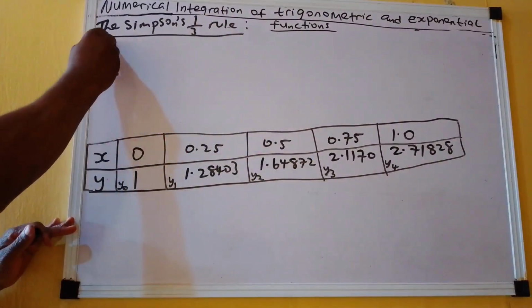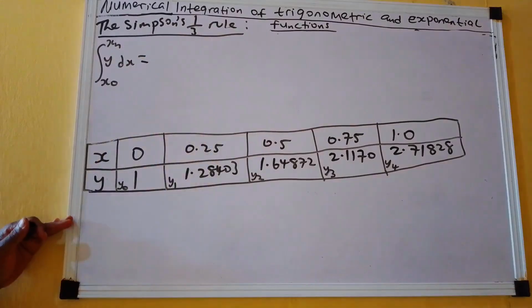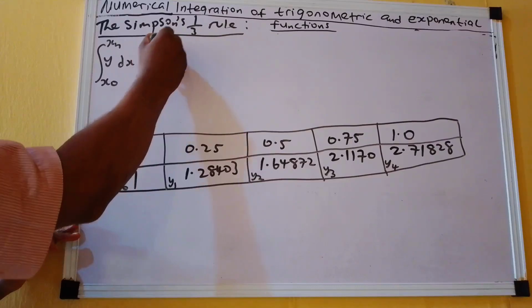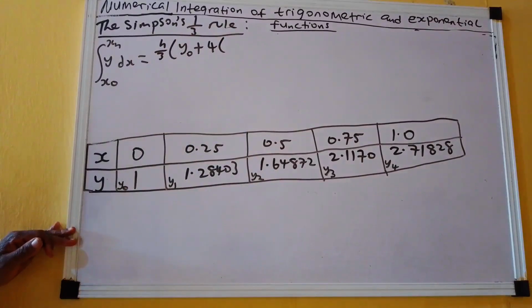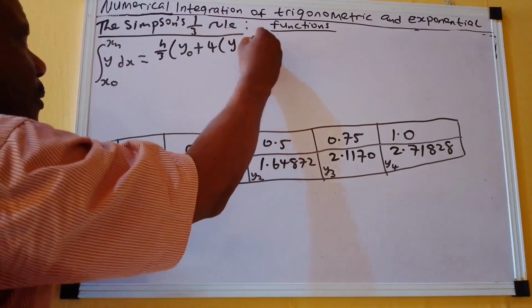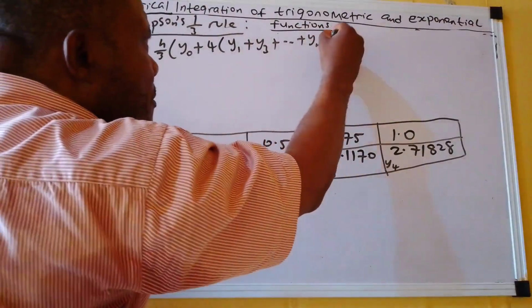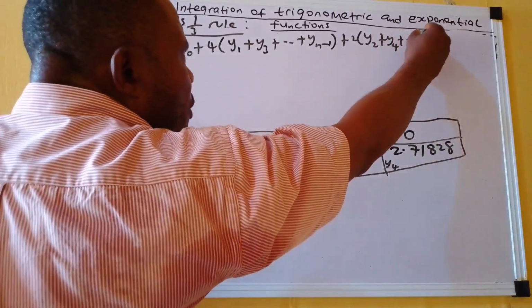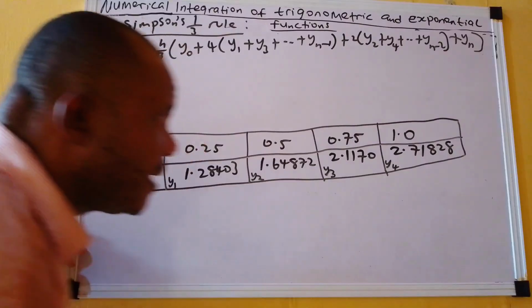So we have it as the integral from x0 to xn of y dx is equal to h/3 into y0 plus 4 into y1 plus y3 plus yn minus 1, plus 2 into y2 plus y4 plus yn minus 2, then plus yn, then the bracket is covered.